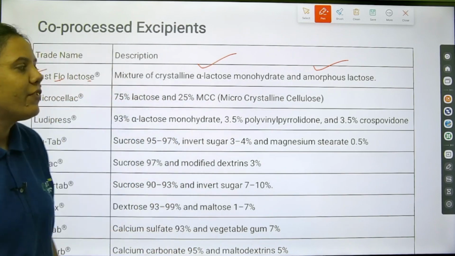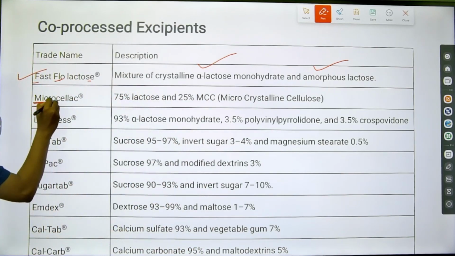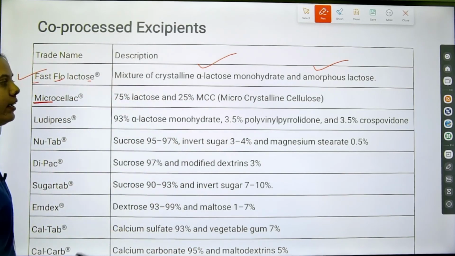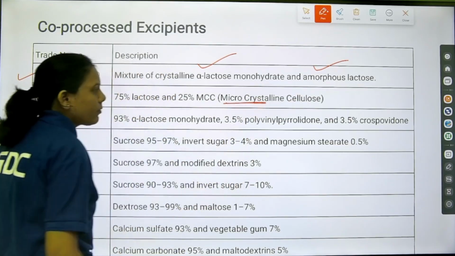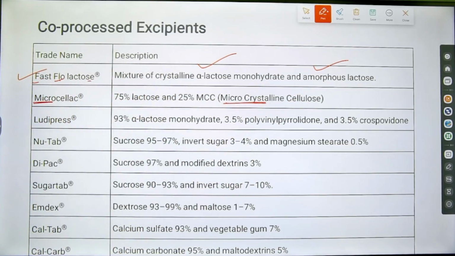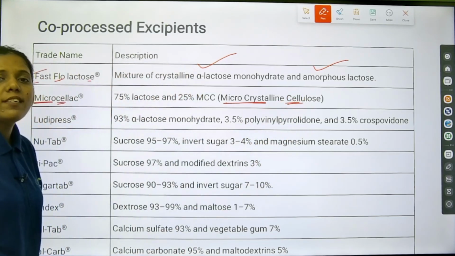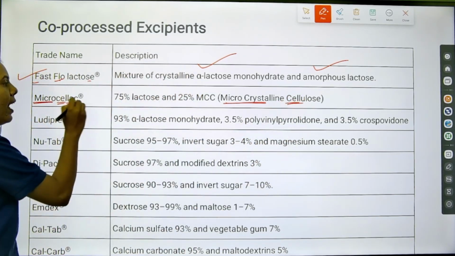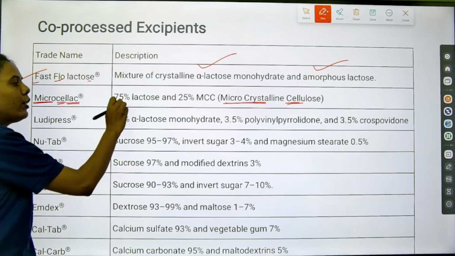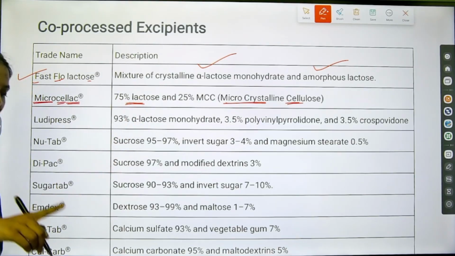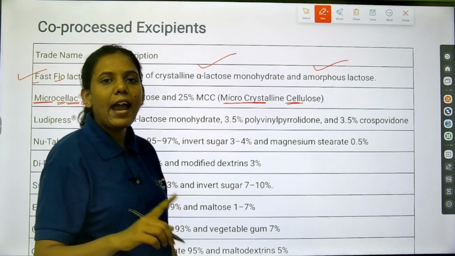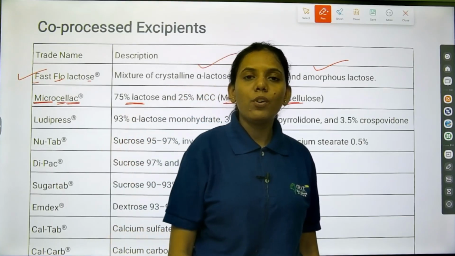Next is Microcelac. The name itself suggests: micro means microcrystalline, cel means cellulose, lac means lactose. So it contains 75% lactose and 25% microcrystalline cellulose.